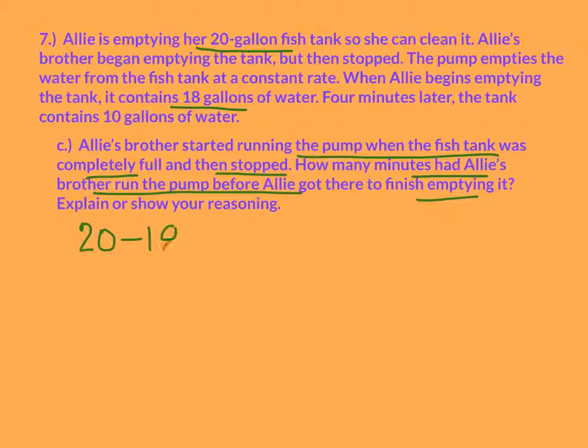So 20 minus 18, of course, is 2 gallons. So that's what Allie's brother had drained already. And we know that it goes down at negative 2 gallons per minute.